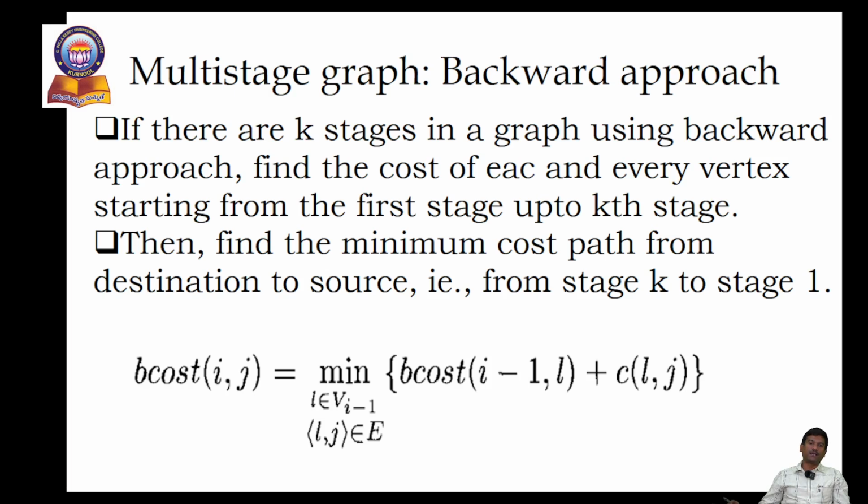And I have explained what this i, this j, this l are, and so on. So i indicates the stage where you are, and similarly j indicates the vertices that are present on that particular stage. Take for example stage 3, where there are vertices V4, V5, and similarly V6.